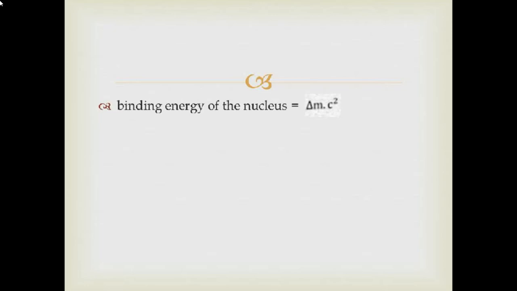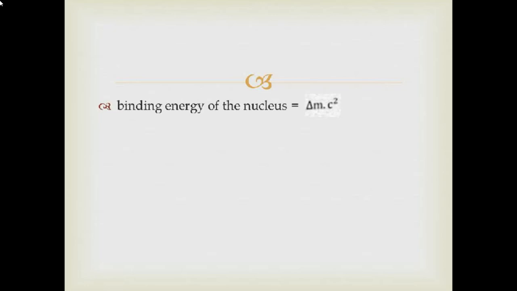They will give you the value of delta M, the mass defect, and C you already know: the velocity of light is 3 into 10 to the power 8 meter per second. Very important: if they give you delta M in the SI system, then use the proper notation. If it is in CGS, use the proper value of C, and accordingly the final answer will change.